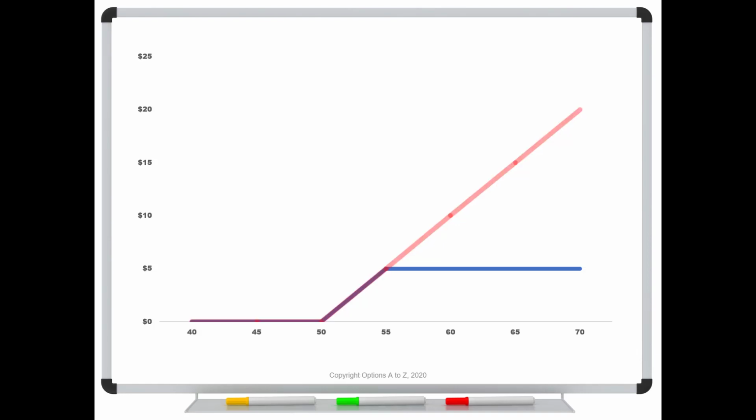Now let's look at just your $50 call here in red and my 50-55 vertical spread in blue. But let's say that the stock has risen a bit, let's say to 65. And we look on our broker's platform and we see that the 50-55 vertical spread is trading for, let's say, $4.90. It's almost the full $5 that it could ever be.